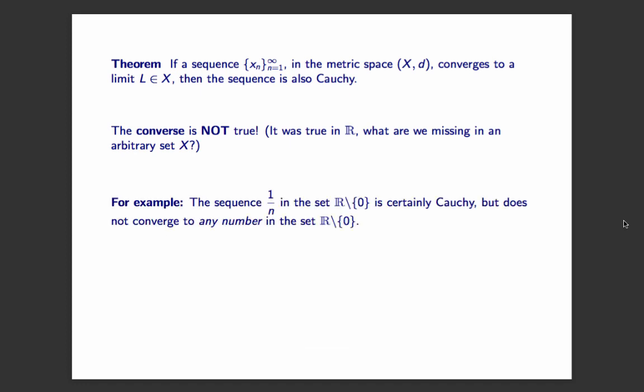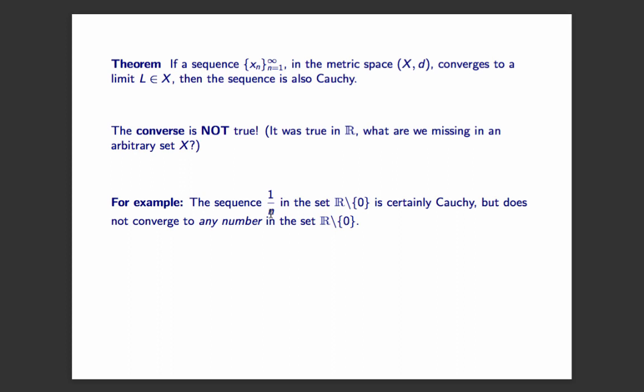But let me give an example of a sequence that's Cauchy but not convergent. So consider the sequence 1 over n, where n is, of course, the natural numbers. And I'm dealing with the set of the real line except for 0. I've removed 0 from the real line. Well, that's okay. For no natural number n is 1 over n equal to 0.